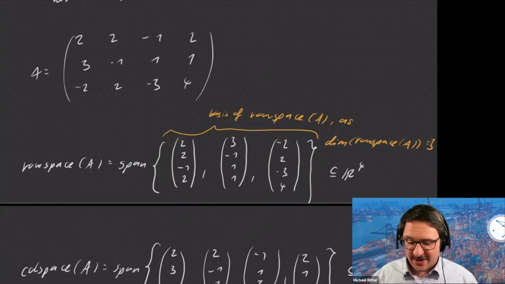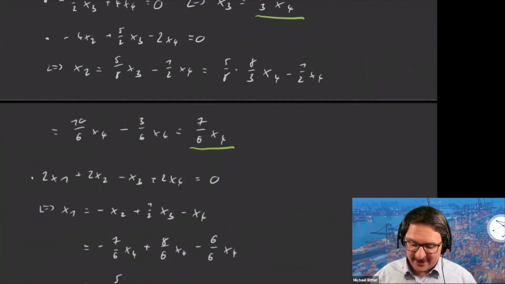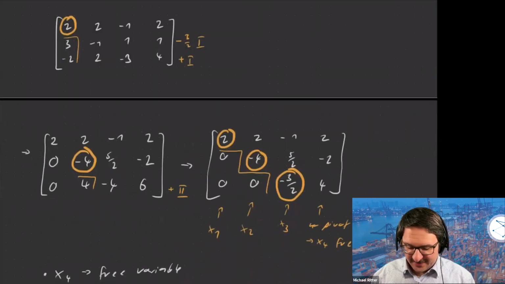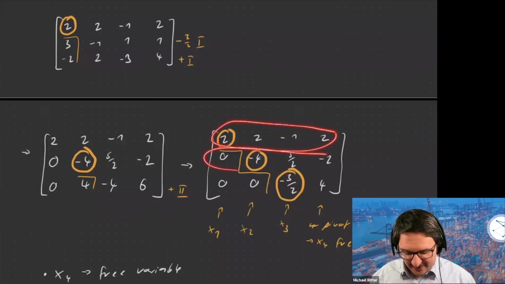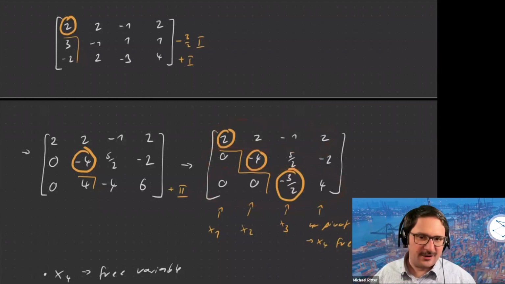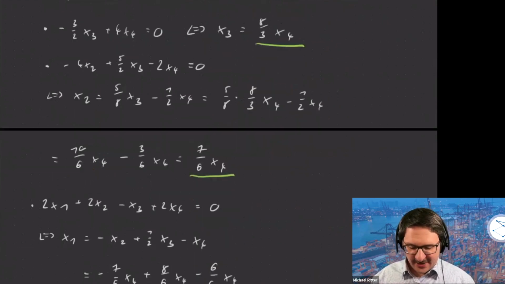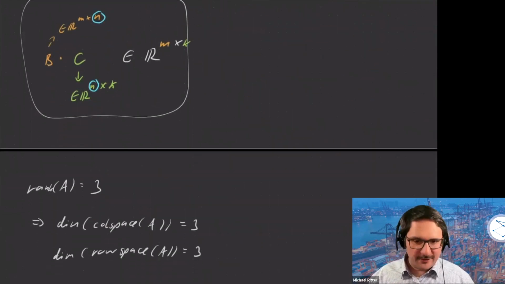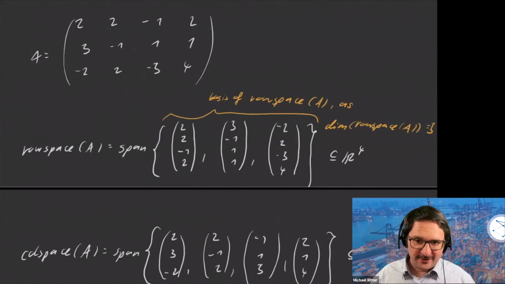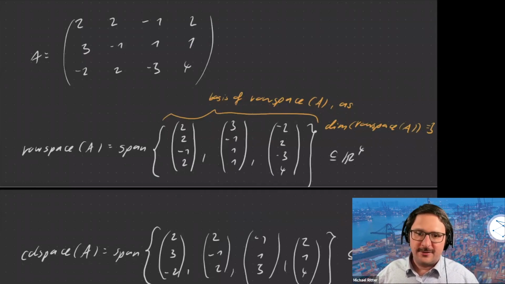But of course, if you want to, I have proven that, because what I've done here is I manipulated those rows once again, and I have proven that these rows are linearly independent. I can just see that in echelon form. But again, once I know the dimension, for whatever reason, and I have a generator that has exactly the right size, then I know it has to be linearly independent. So you could also say a basis is a minimum generator, and then it always is linearly independent automatically.